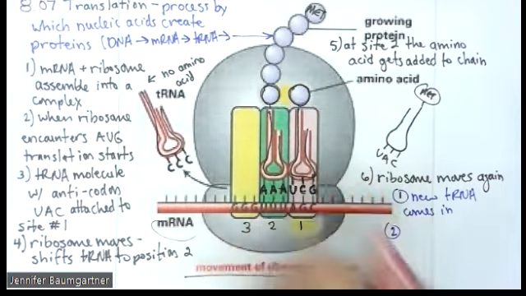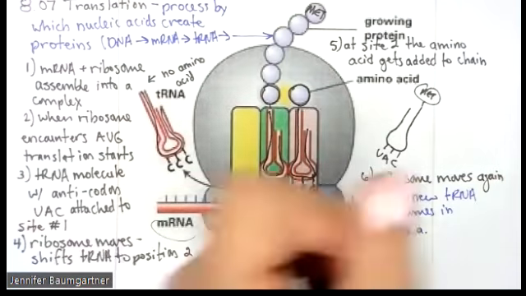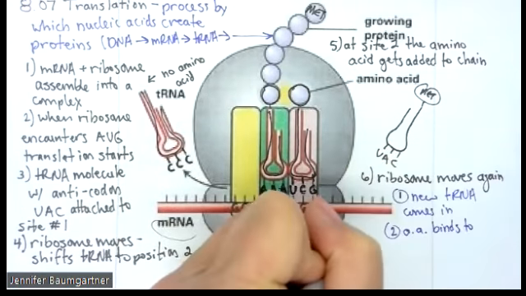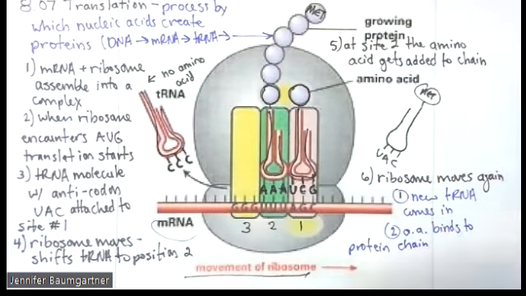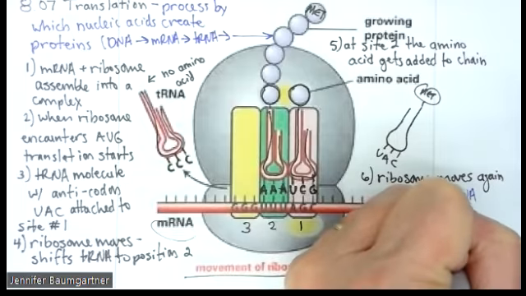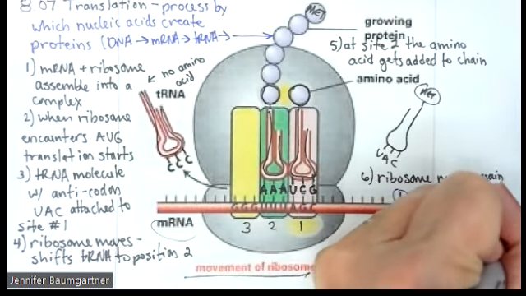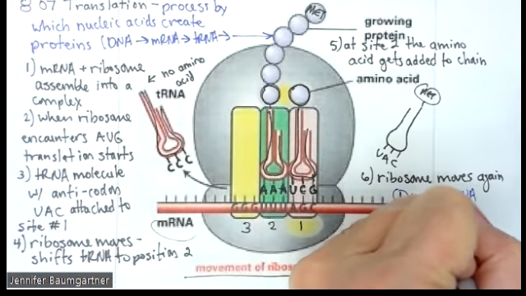At site 2, the amino acid, and I'm going to abbreviate that AA, binds to the protein chain. And at site 3, the tRNA minus its amino acid, so it doesn't have an amino acid anymore, leaves.